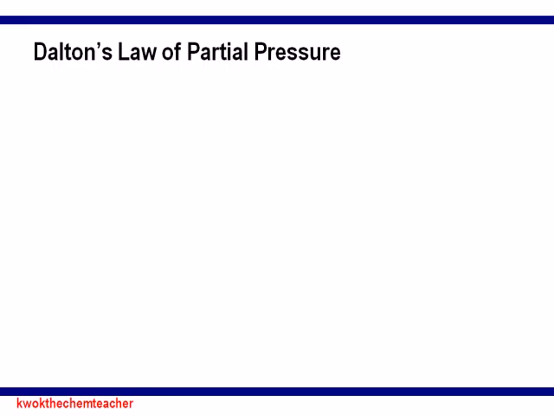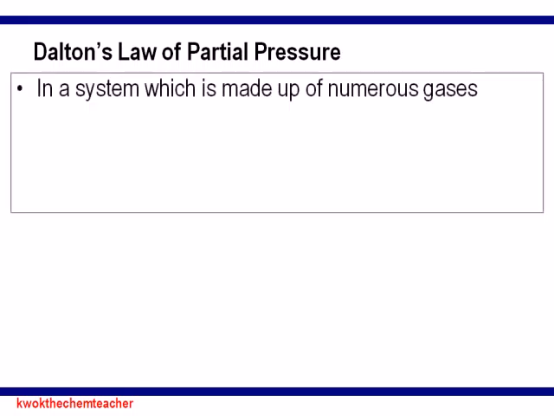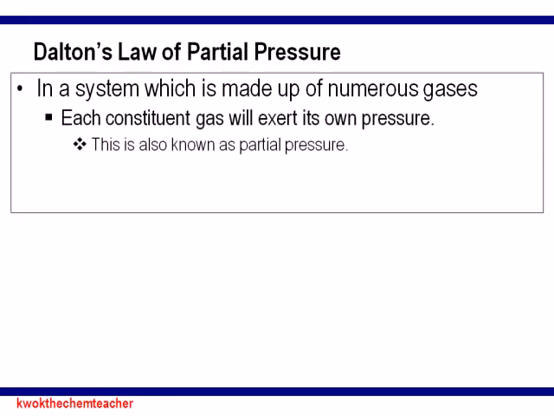Now, in doing Kp calculations, we will often need to apply Dalton's law of partial pressure. That's because in a system made up of numerous gases, each constituent gas will exert its own pressure, and when they exert their own pressure, this is also known as partial pressure.